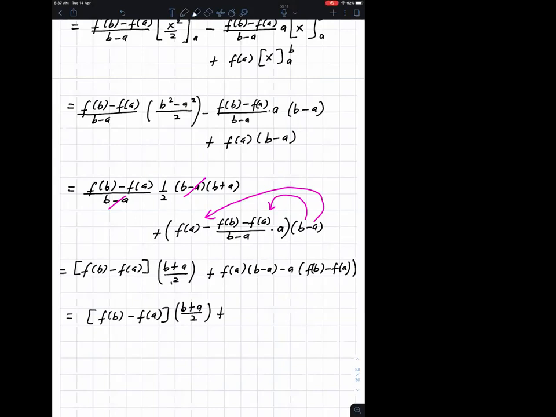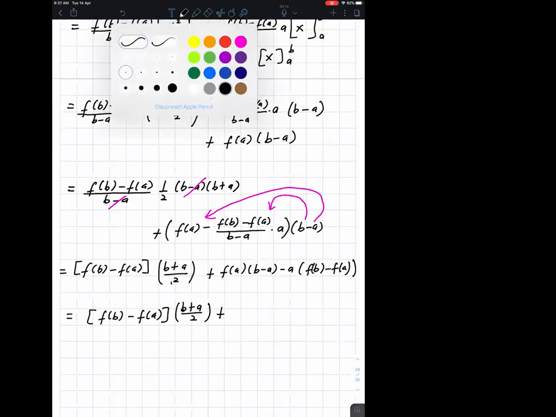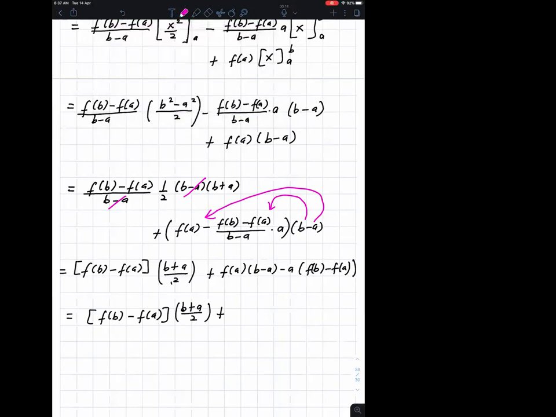The next logical thing to do, I think, we just multiply them through, each one of them like this.